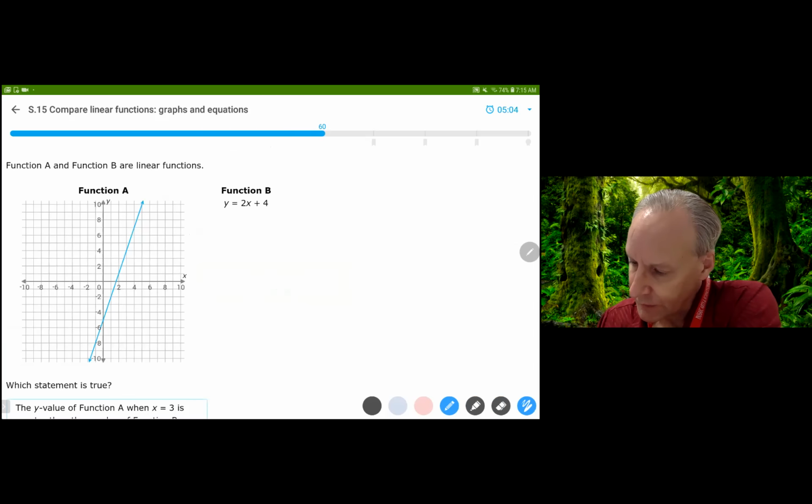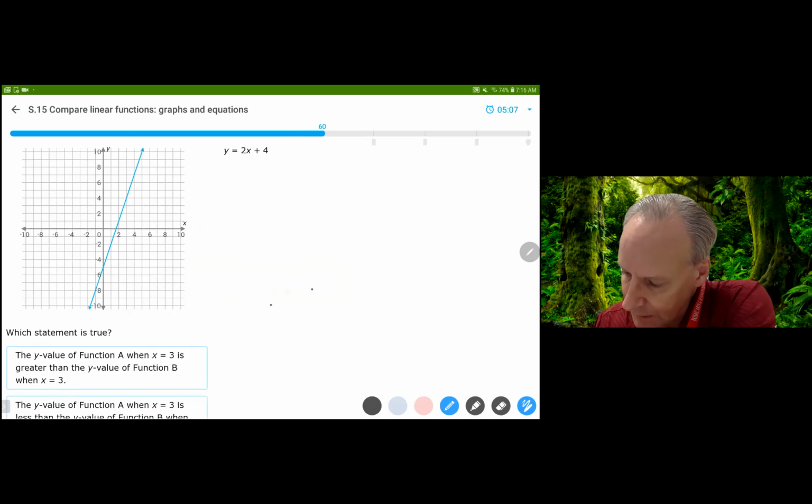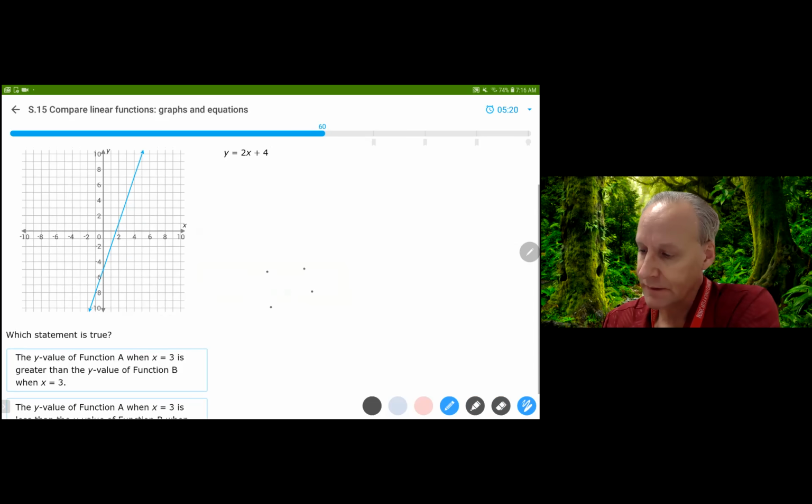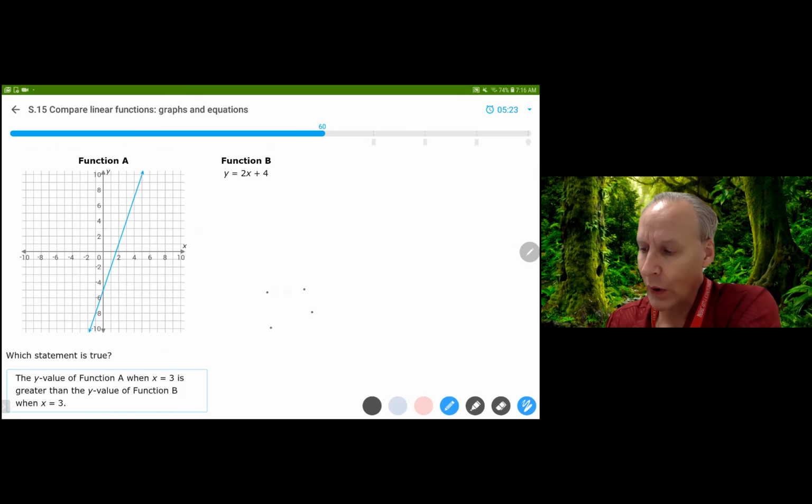I'm going to go kind of quick here. Let's see. The y value of function A when x equals 3 is greater than the y value of function B when x equals 3. Really good questions. Okay, so they want us to compare the y values when x is 3, which is right there. So if we look at this function, when x equals 3, the y value that goes with it is 4.